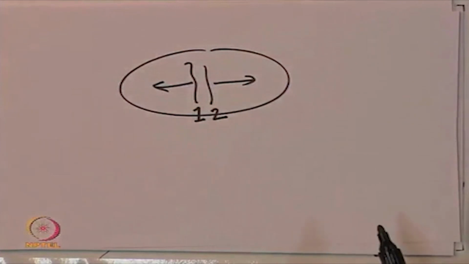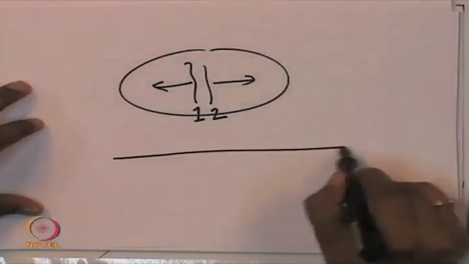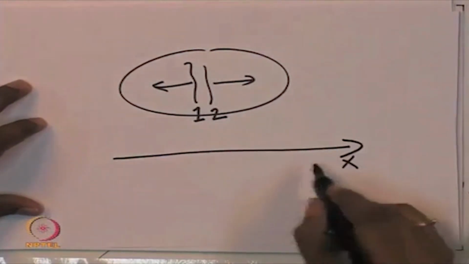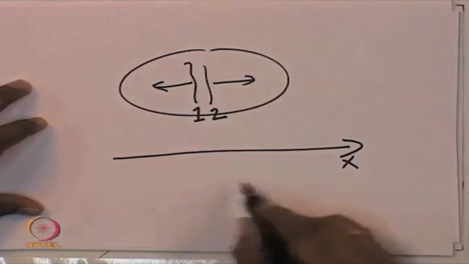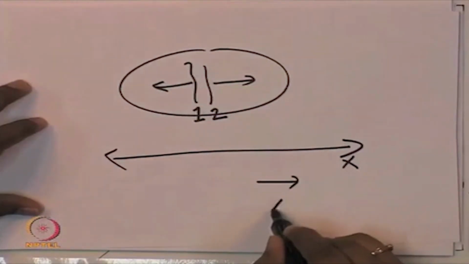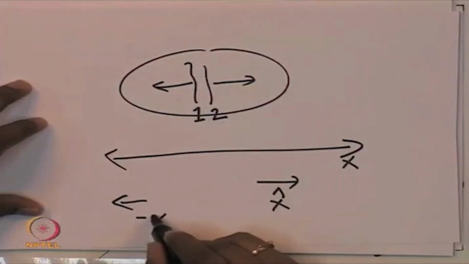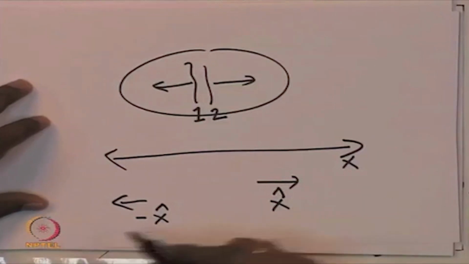So, let us first think of direction. Let us say this is your x axis. This direction along the increasing x axis is plus x and this direction is minus x. So, this is plus x and this is minus x.